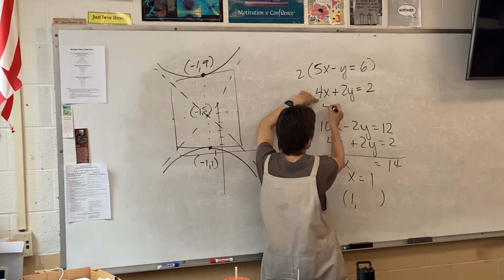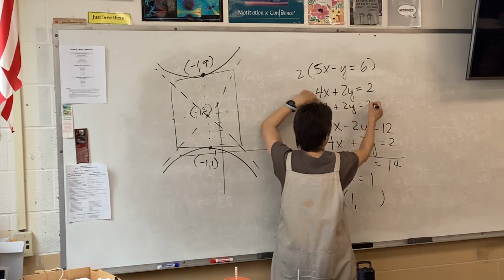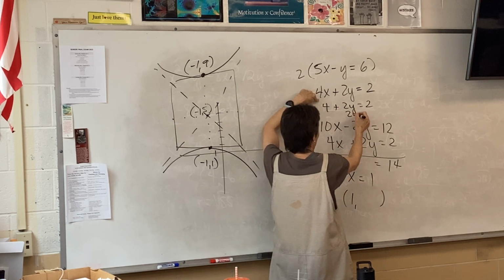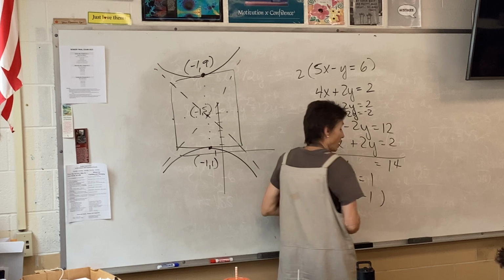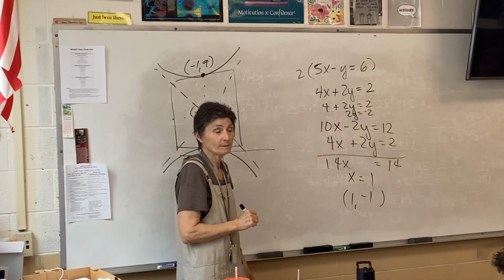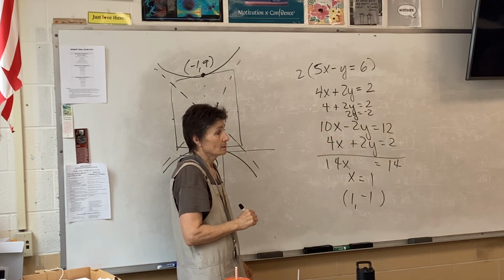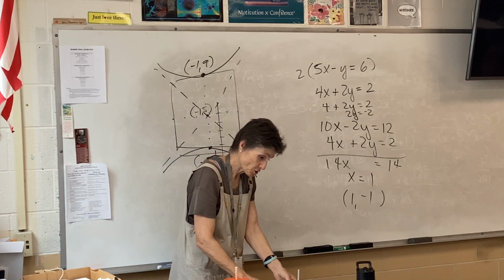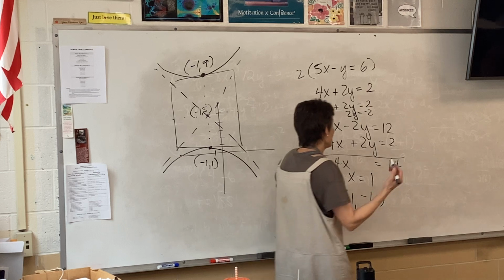So 4 plus 2y equals 2, plugging in x. So 2y equals negative 2, and y is negative 1. Right? And then I think there's just one more. I think then I will have done them all.